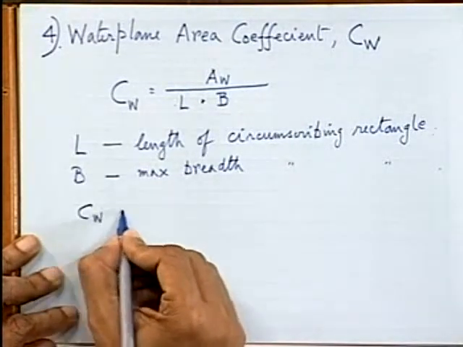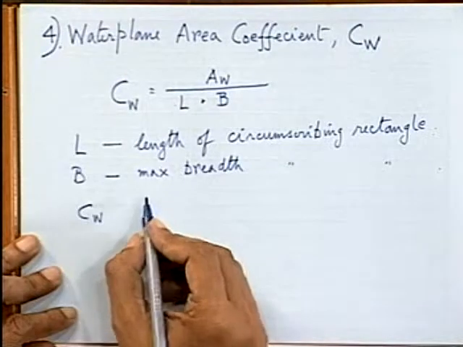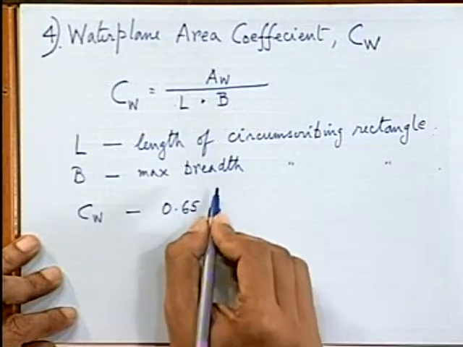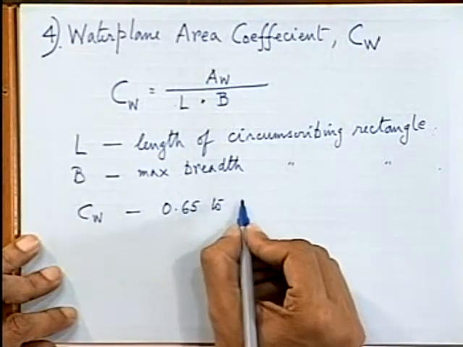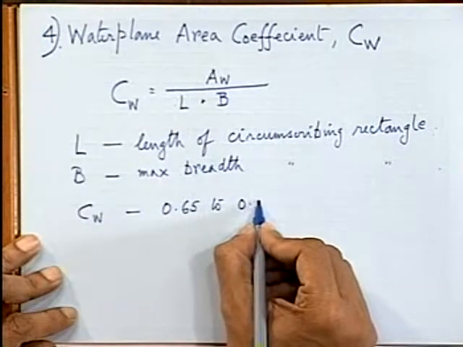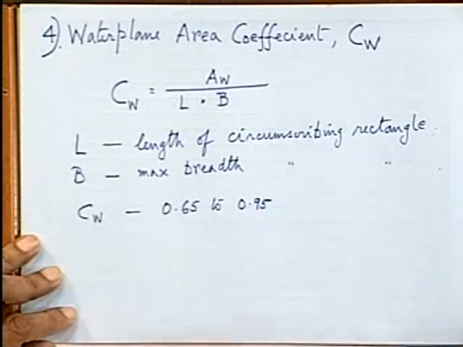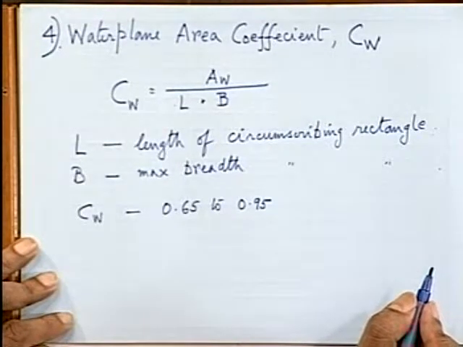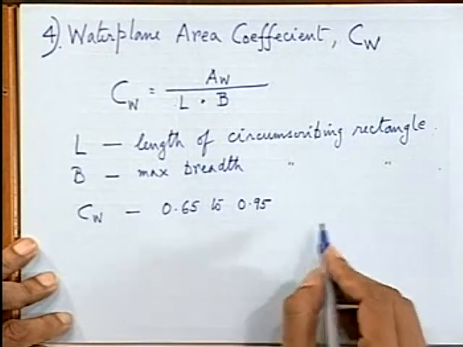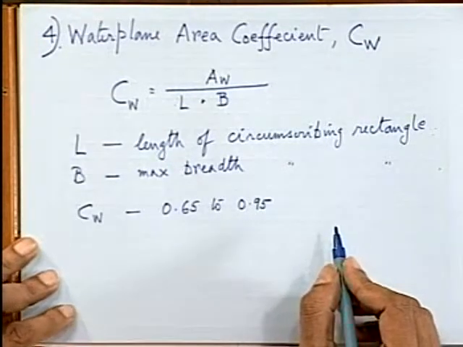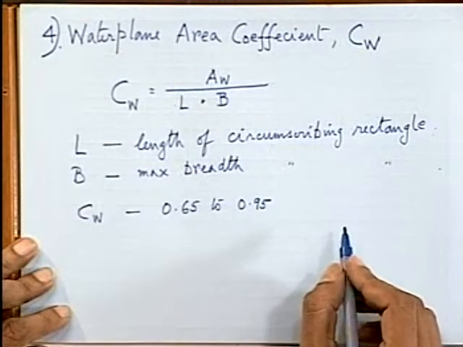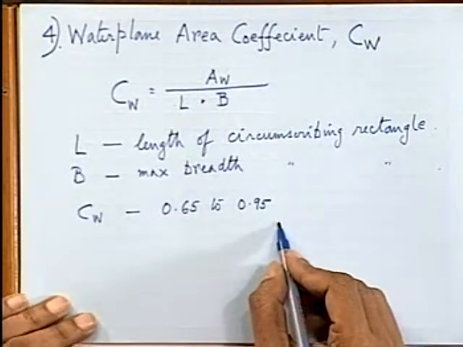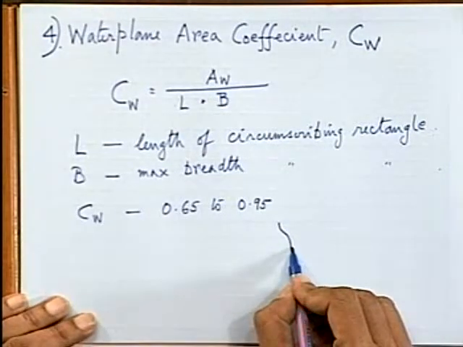Now Cw varies between 0.65 to 0.95. So these are some of the important coefficients, and you can see all these coefficients vary by the draft.